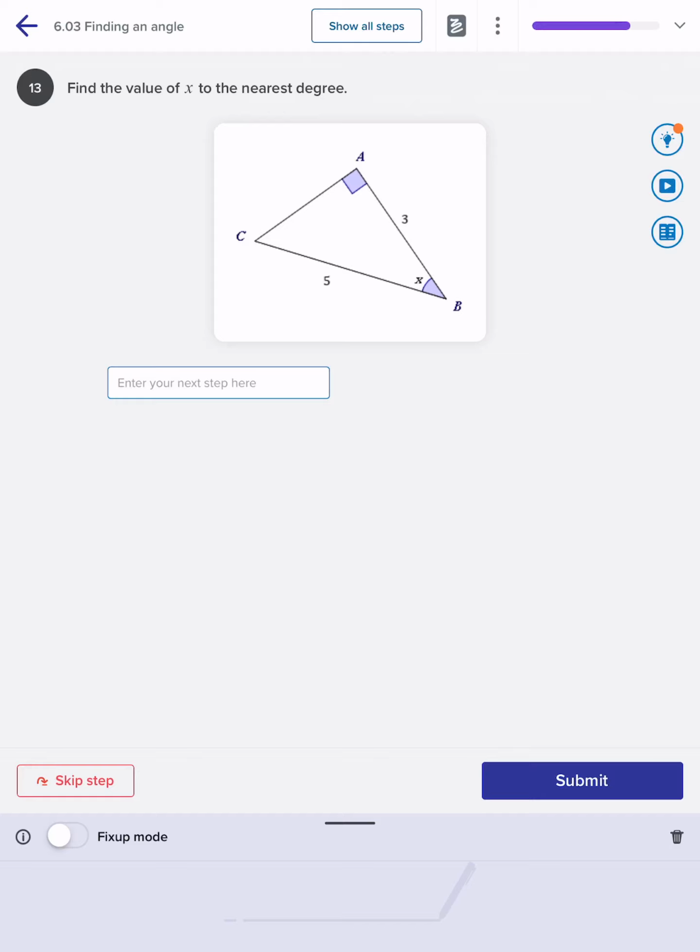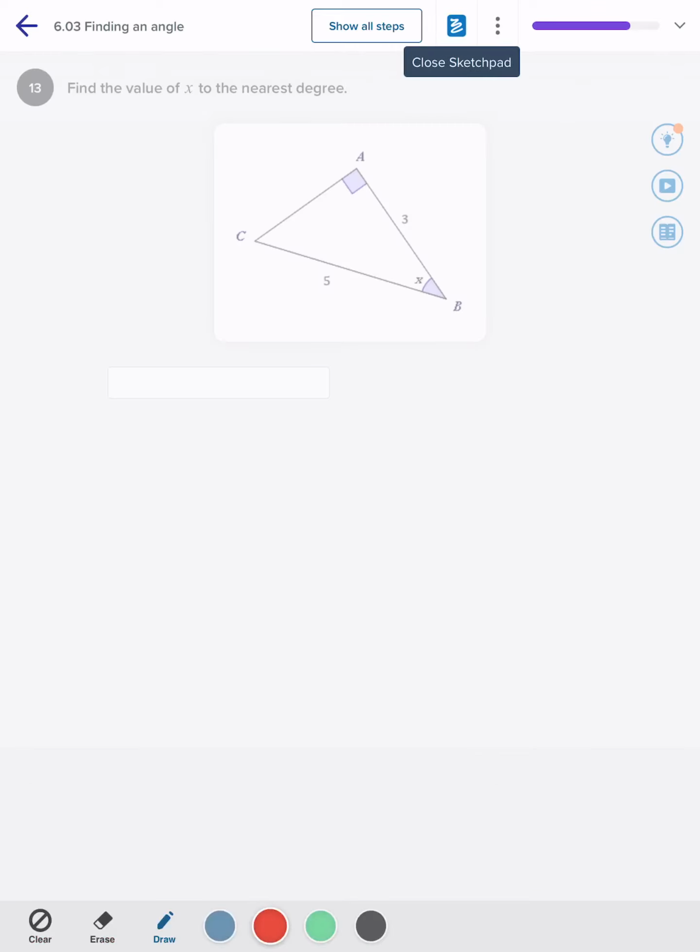Year 9, I would like to do a last example for you from the assessment task on Mathspace in terms of finding an unknown angle given two sides of a right angle triangle. In this question, we want to find the value of x correct to the nearest degree.